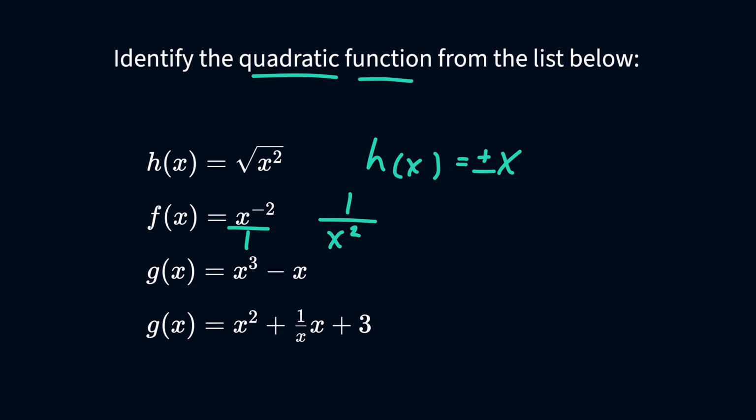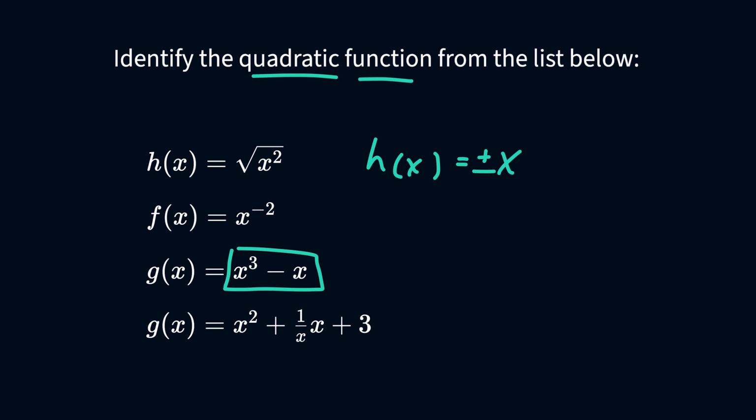But again, that's a problem because we have a variable squared that looks good, but it's in the denominator. We don't like that. All right, quadratic functions do not have that form. Okay, we need something to be positive there, meaning in the numerator, it has to be positive. So that's out.